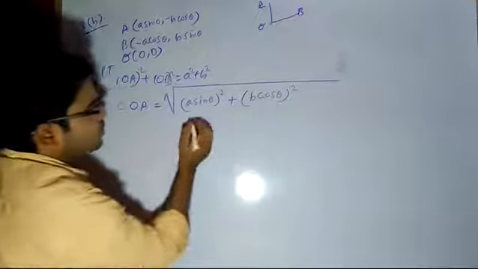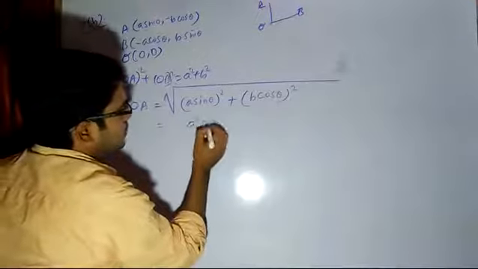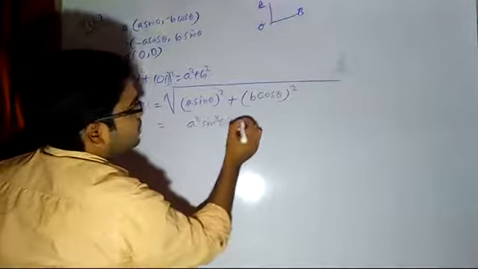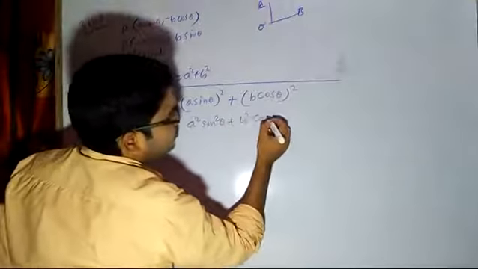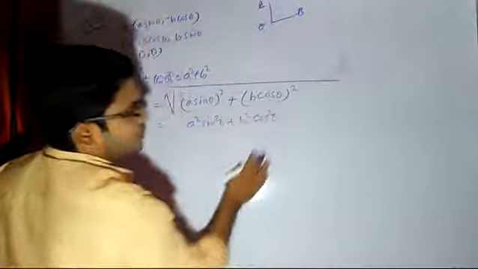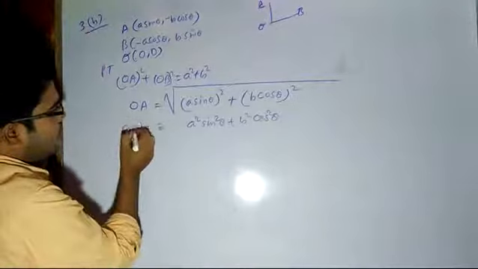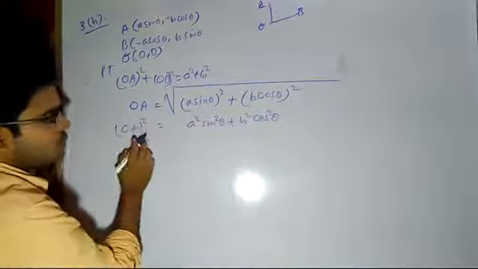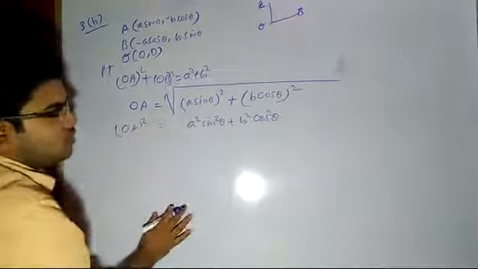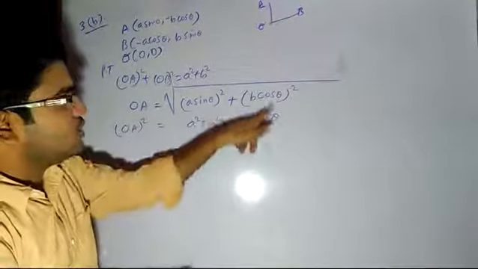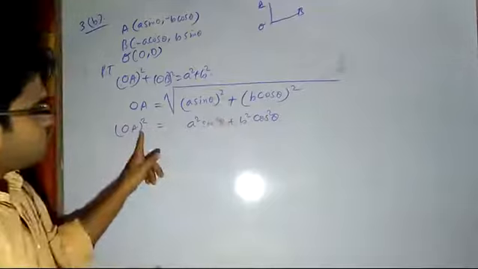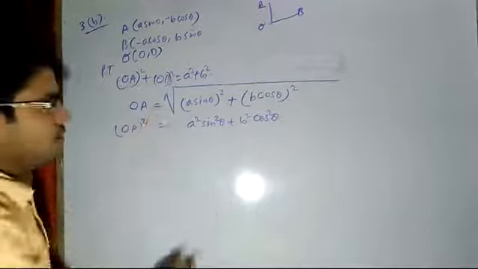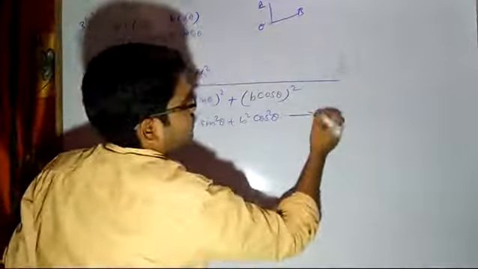So this will be equal to root of a square sin square theta plus b square cos square theta, correct? Now they want OA square, so the root will be removed. So this is what we call the first equation.